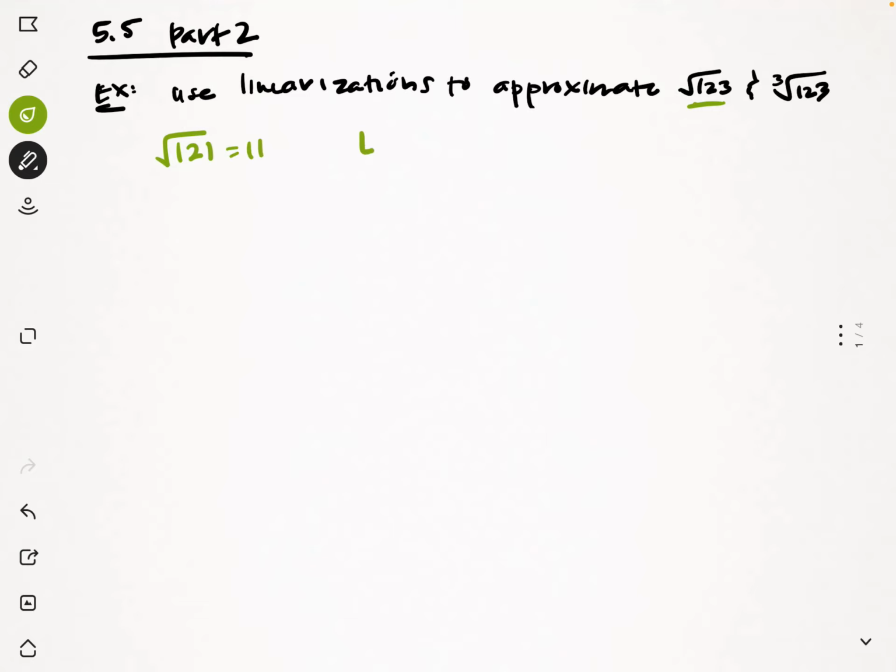Alright, so we're following our linearization: f of a plus f prime of a times x minus a.